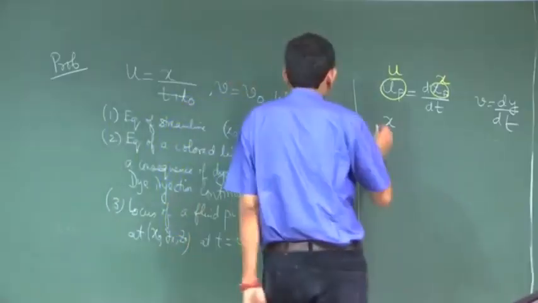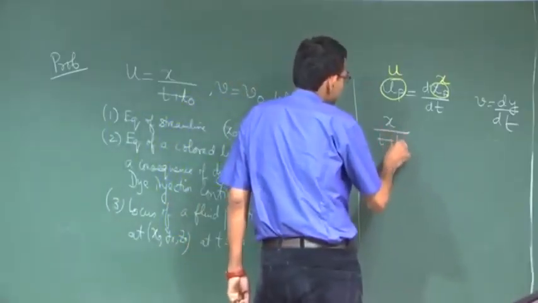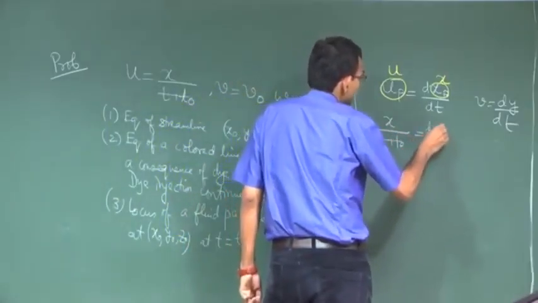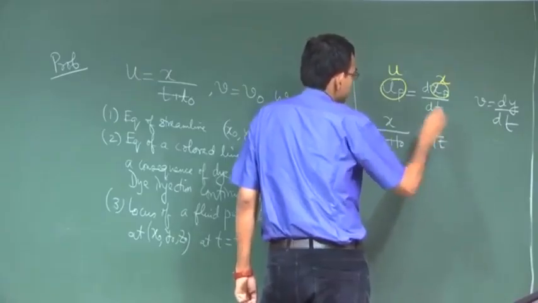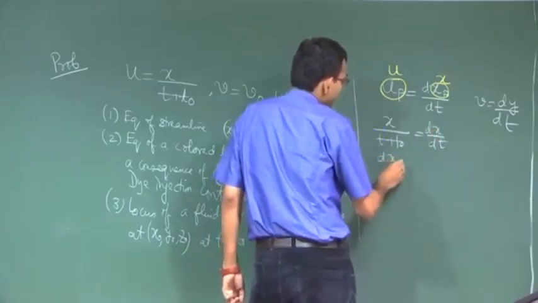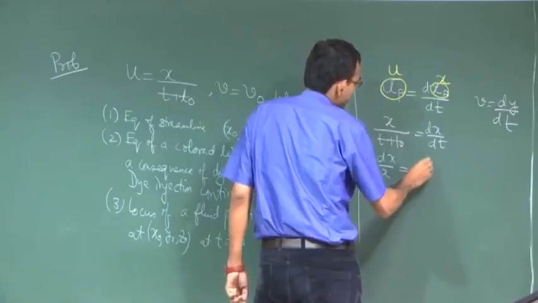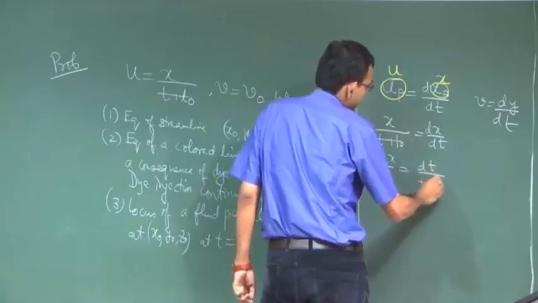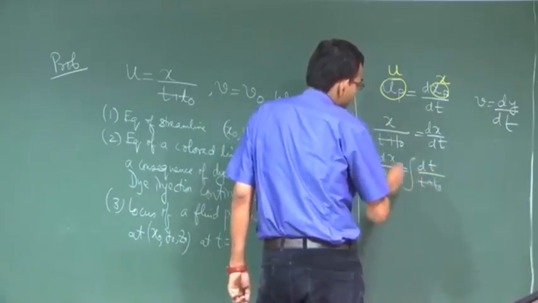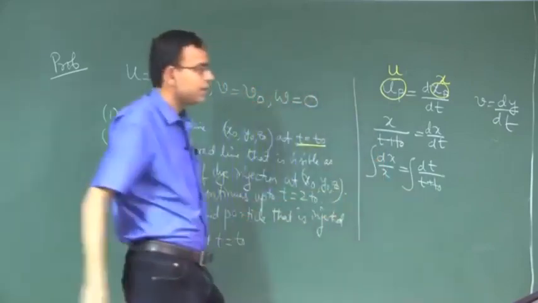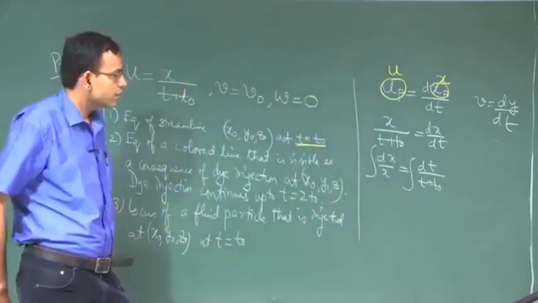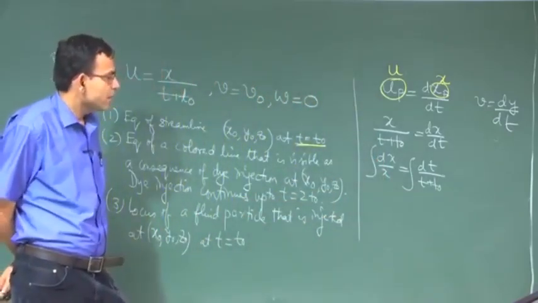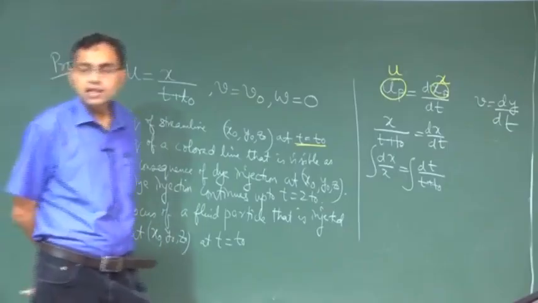So u, which is x by t plus t0, is dx dt. So dx by x is equal to dt by t plus t0. The question is, what will be the limits of integration? The dye is injected where?